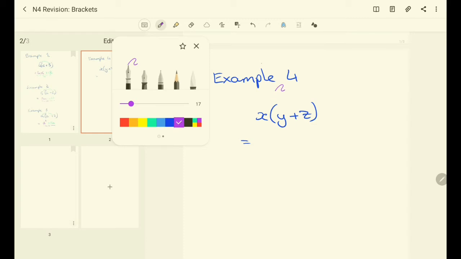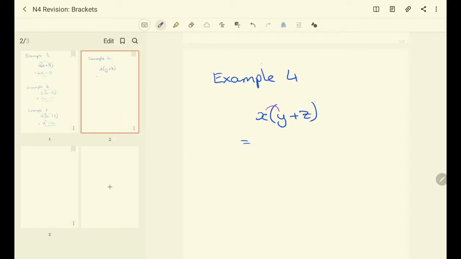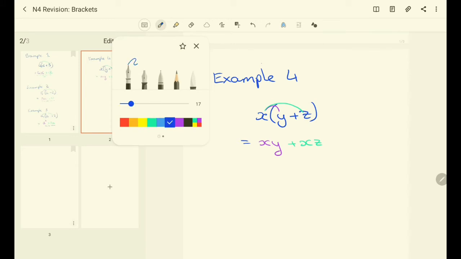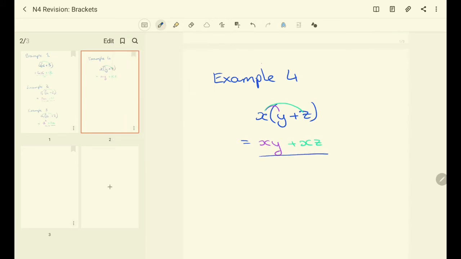We're multiplying the x by that first term inside the bracket. And that is going to give us xy. Remember, when you write them side by side, that means the two things are multiplied together. So we've got xz there. So this can be plus xz. And that gives us our solution to the fourth example.